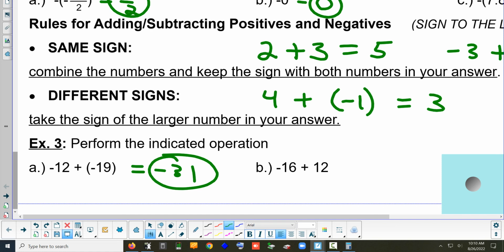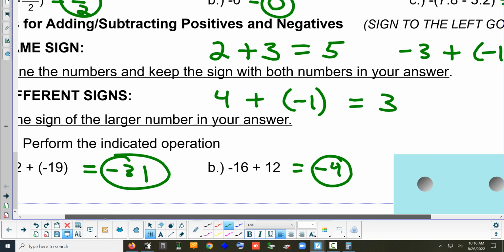Positive or negative? It's going to be a negative, right? Think if you had 16 people who were negative, and then you had 12 people that were positive. Well, there's still more negativity than there are positive people. So the final answer is still going to be a negative. And does anybody know what it's going to end up being? Yep. Negative 4. Good. So negative 4.